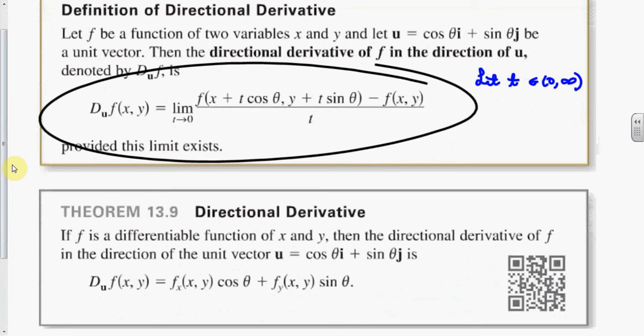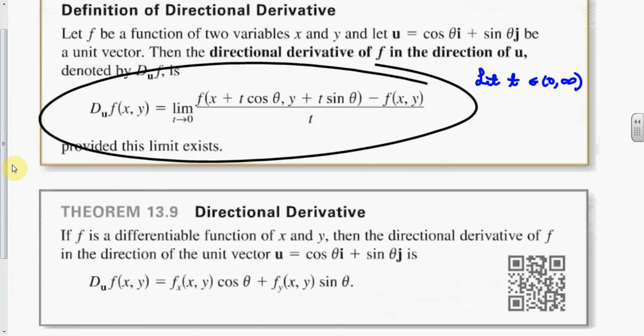Now, I'm going to manipulate this to make sure you understand, because sometimes when we calculate the directional derivative, you may not see directly cosine theta. You may not see directly sine theta. I got to get close so I can see it, right?